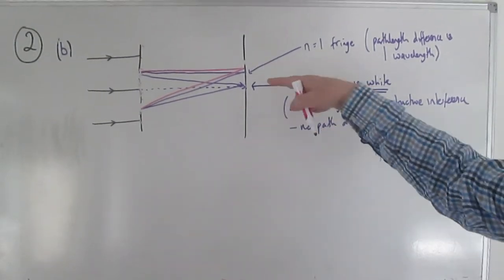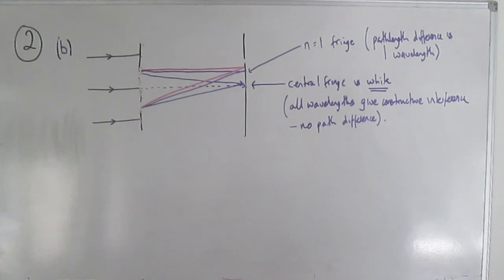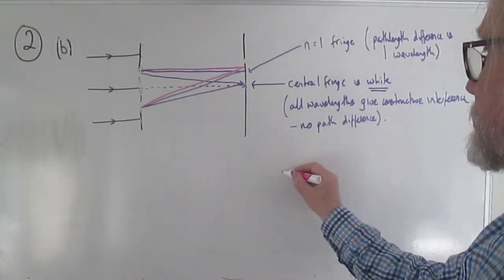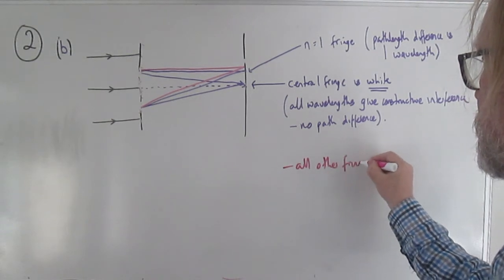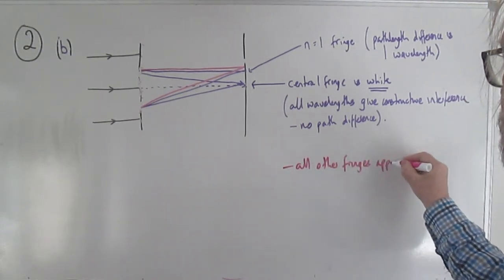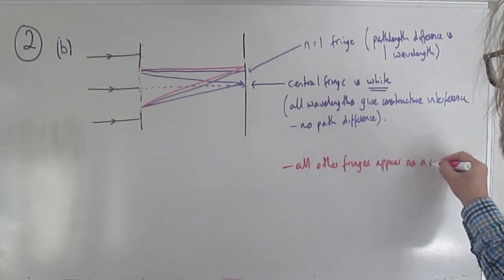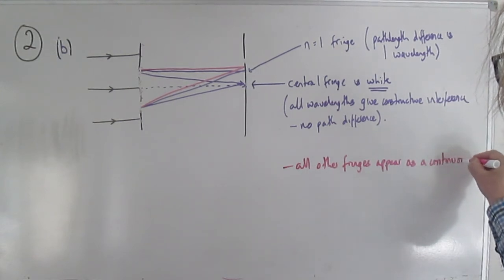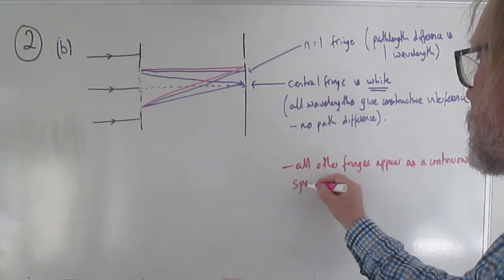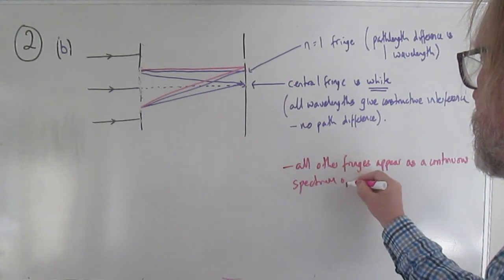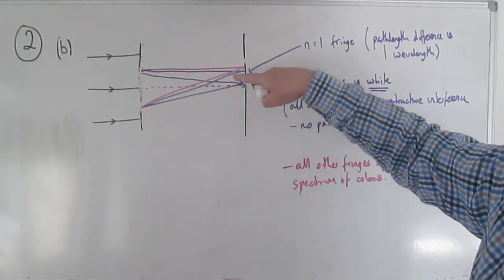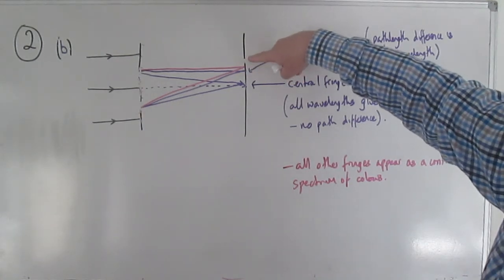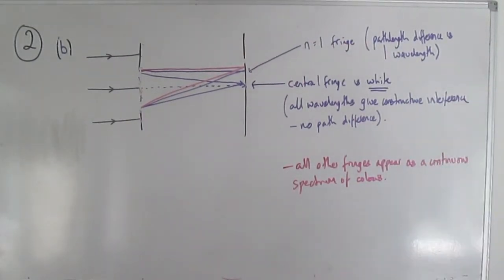So what happens for all of these fringes other than the middle one is that all other fringes appear as a continuous spectrum of colours, because each different wavelength will have a slightly different point where the path length difference is a whole number of wavelengths.